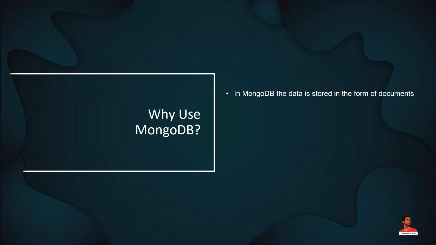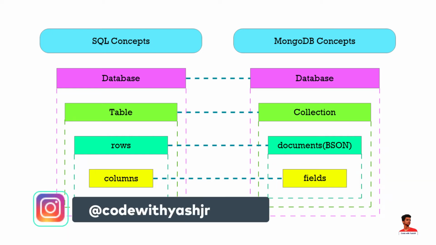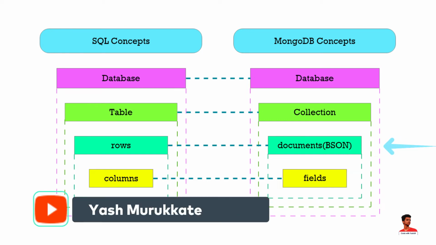So before we start further, let me show you the difference between SQL and NoSQL or MongoDB concepts. Here you can see in SQL there is a database, in MongoDB too it is a database. But the difference here is where there are tables in SQL, in MongoDB it is called a collection. Then in SQL where there are rows, in MongoDB they are called documents.